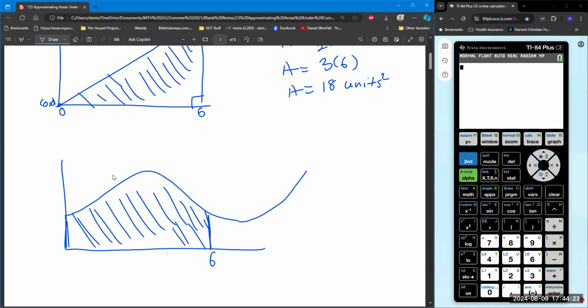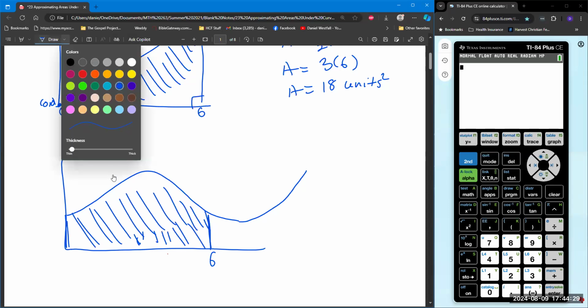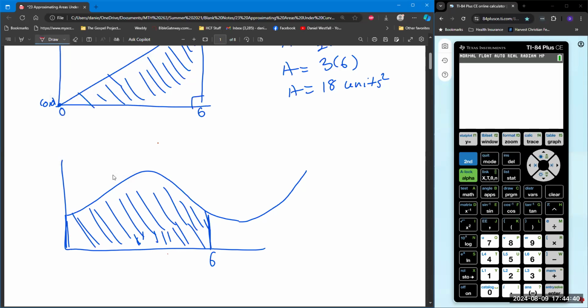How would we do that? We'd have to use some geometric figure that we know an area formula for, and right triangles are not going to do it for us.